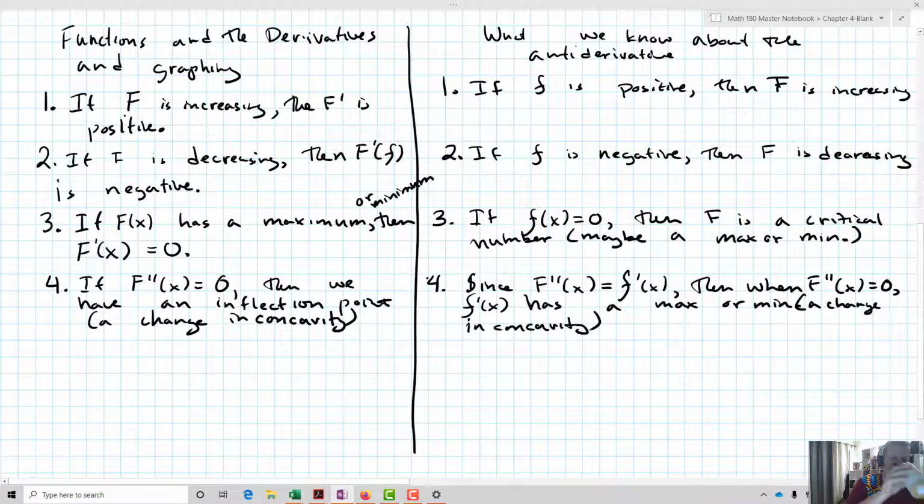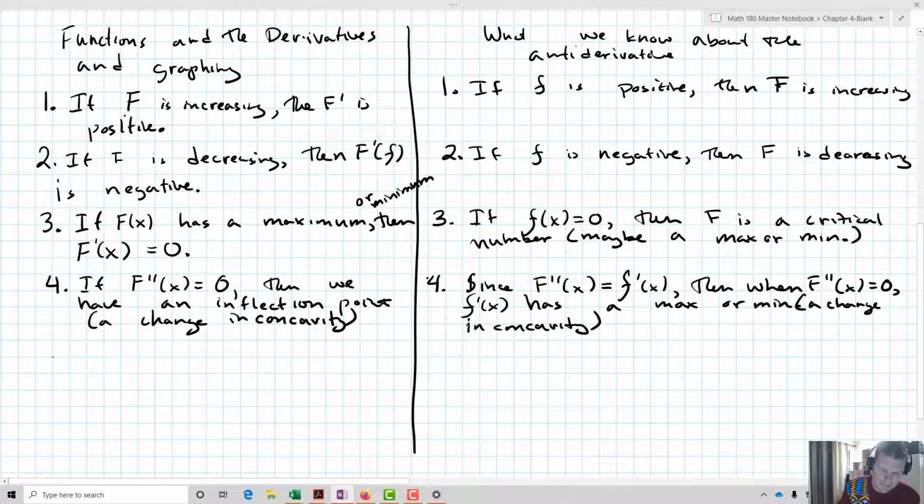It is possible, just like for a critical number that is not a max or min, that the same thing could be true for the second derivative with regard to the first derivative function.